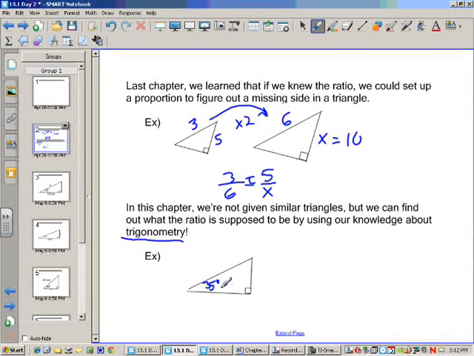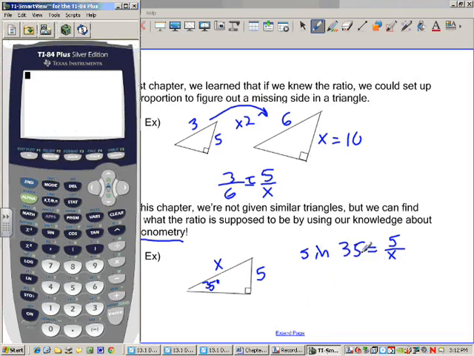All right, my computer's running a little slow here. And say if this side is 5, and I want to know my hypotenuse, which is x. I can say the sine of 35 degrees is equal to the opposite side, which is 5, over x, which is my hypotenuse. Now the sine of 35, that's some number.